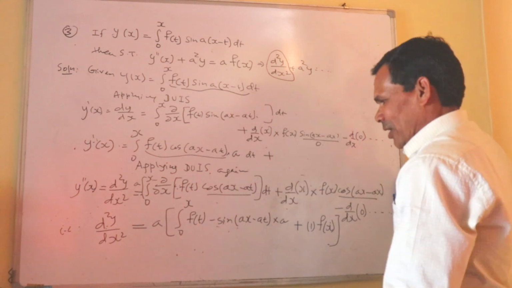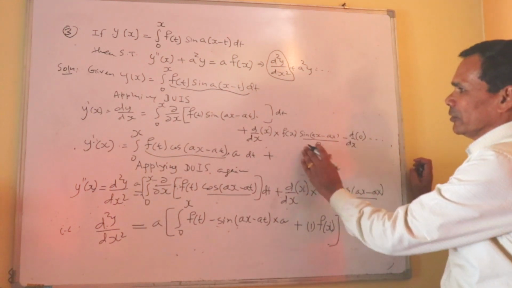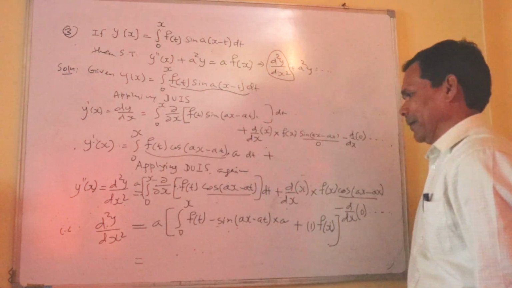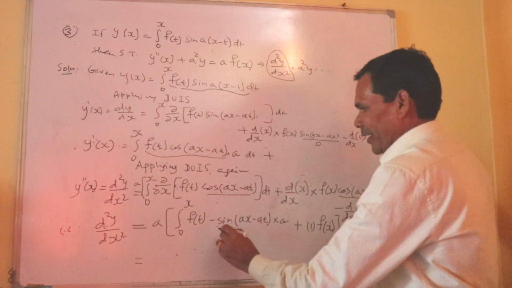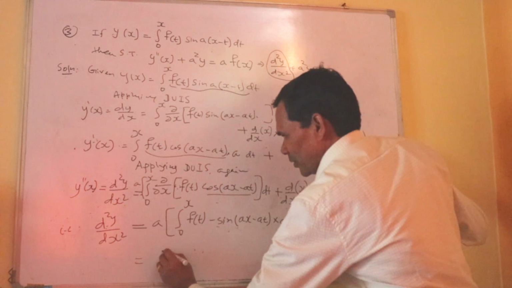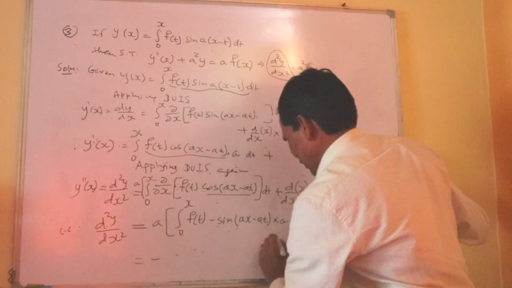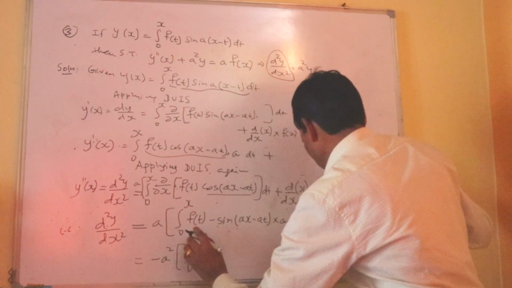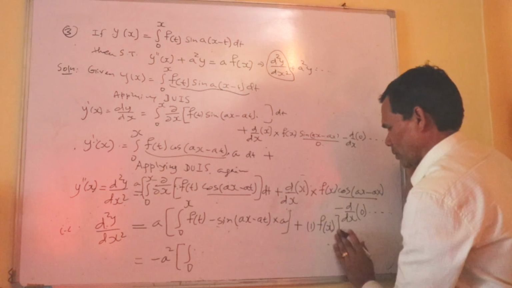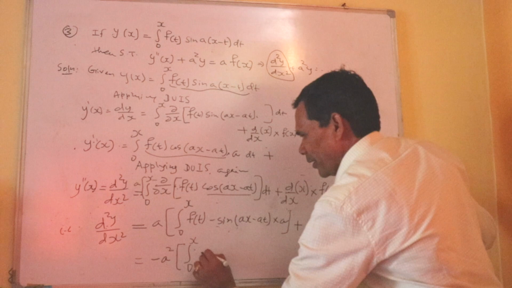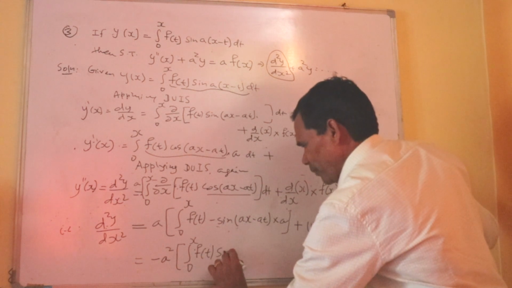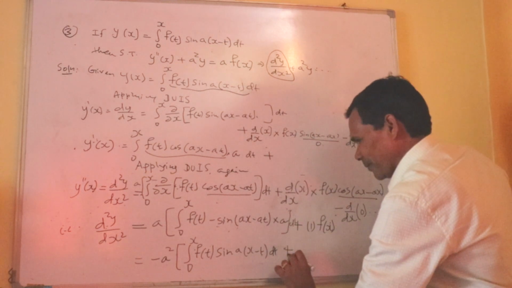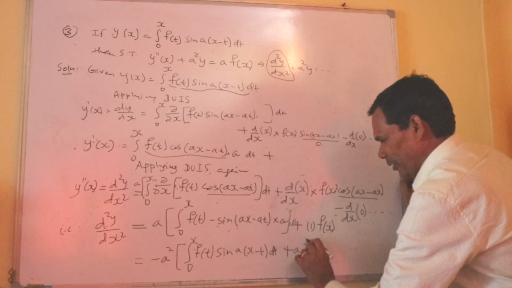So we simplify: this a and this a give minus a square, integral from 0 to x of f(t) sine of a(x minus t) dt, plus a into f of x.